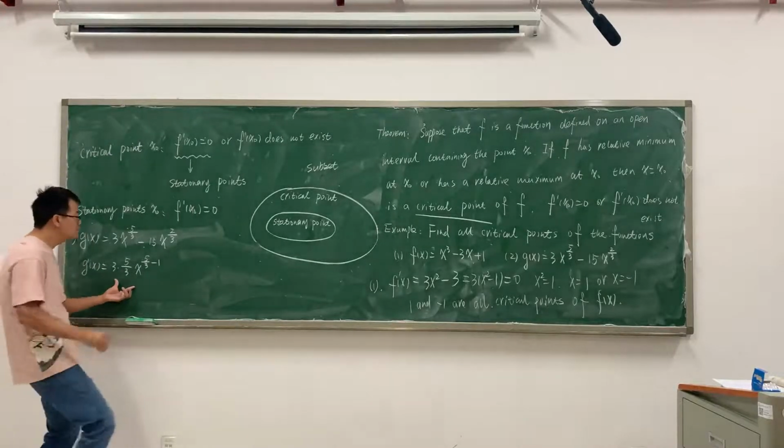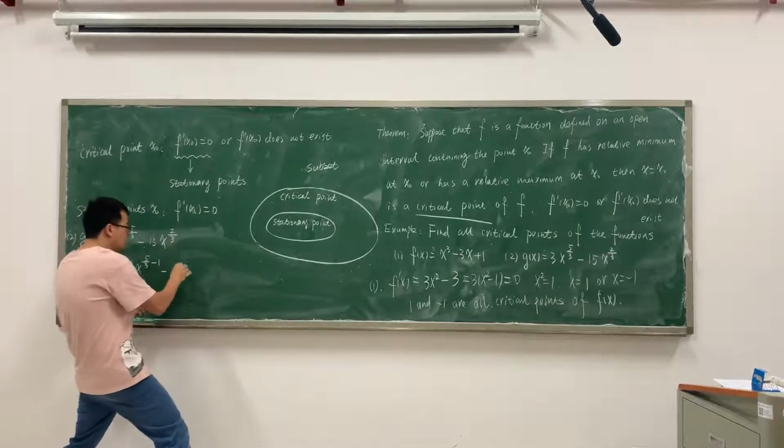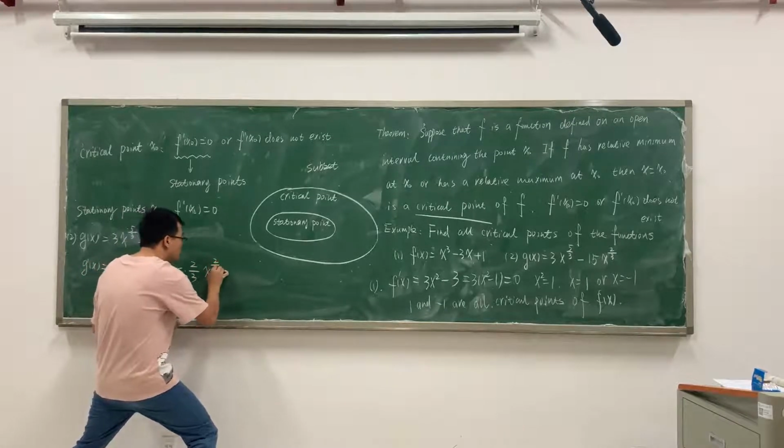The second part, minus 15 times 2/3 times x to the power 2/3 minus 1.